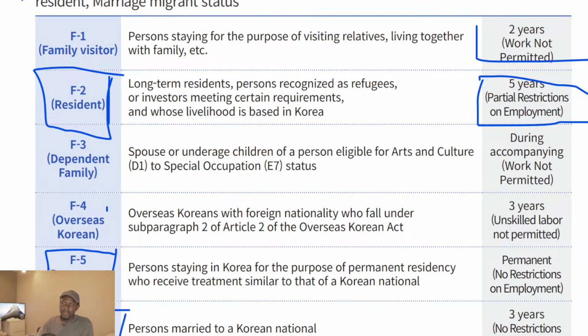KIIP will enable you to study Korean language, and then they have their test for you to change from one level to another. So if you pass the test and you have KIIP level 3, 4, 5, the higher the more points, because the F2 visa is on a point basis.